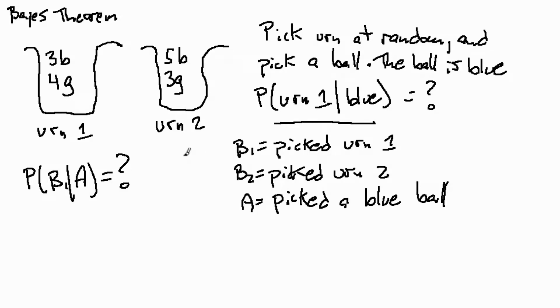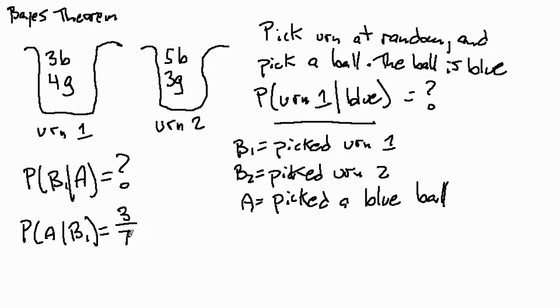Well, let's start writing down things that I do know. Okay, for example, what would P of A given B1 be? Well, that's not too bad. If I have picked urn 1, so I'm over here, what's the probability of picking a blue ball? Well, there are a total of 7 balls in here. 3 of them are blue. That would be 3 over 7.